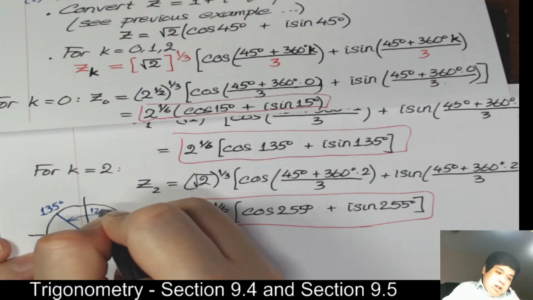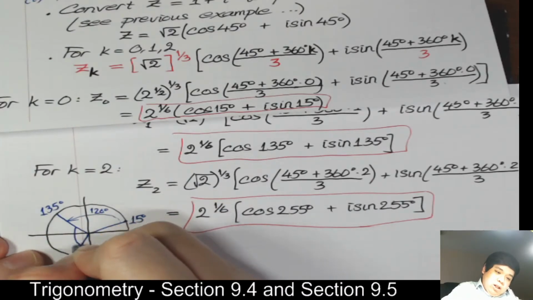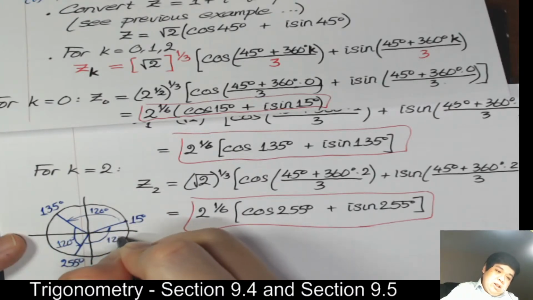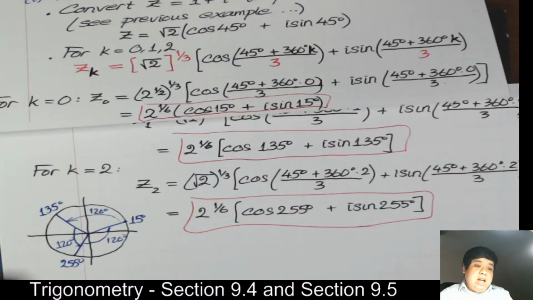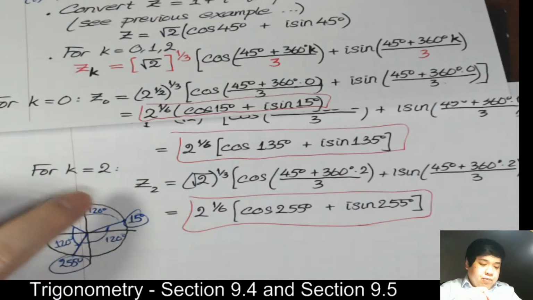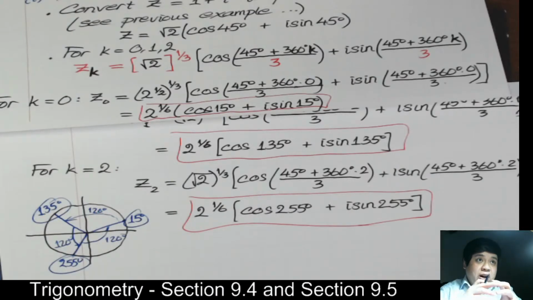You add 120 degrees, add 120 degrees, and add 120 degrees to get back. So whatever the argument for the problem, the roots are always evenly spaced around the 360 degrees.